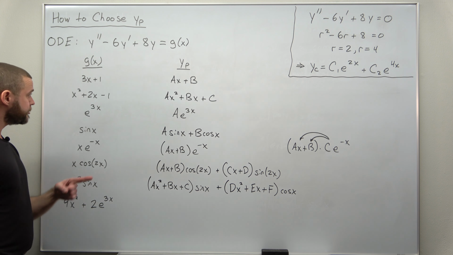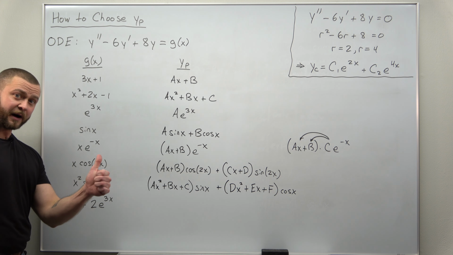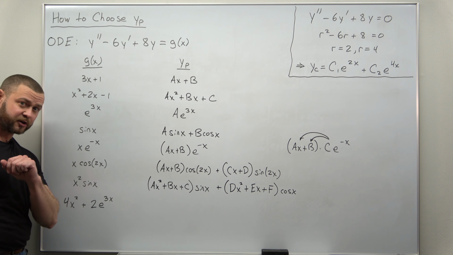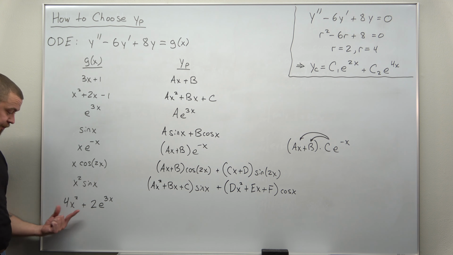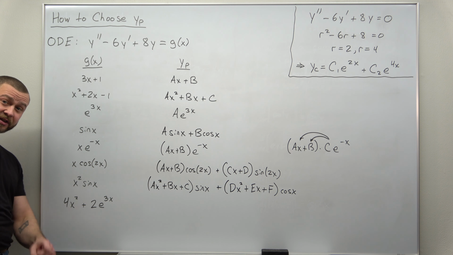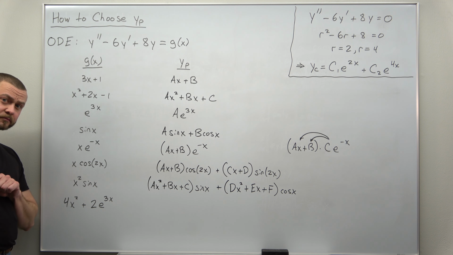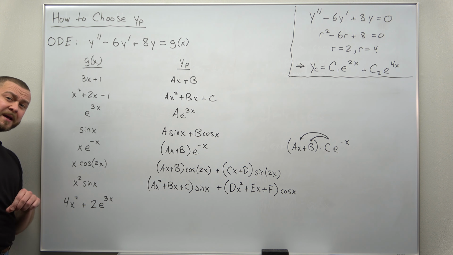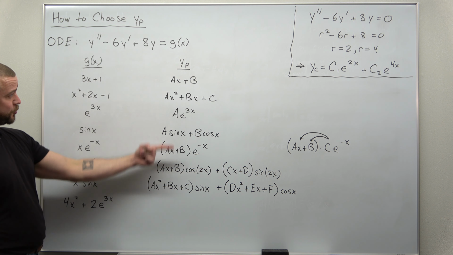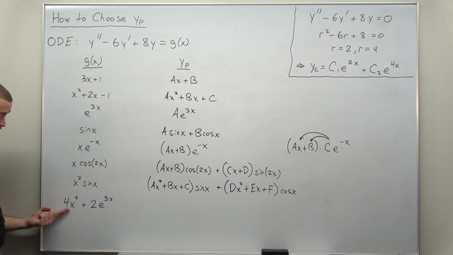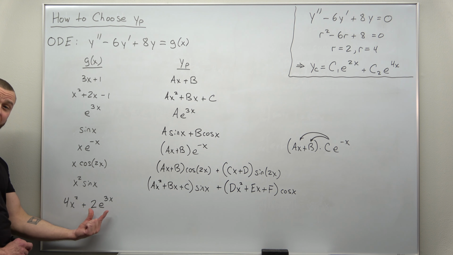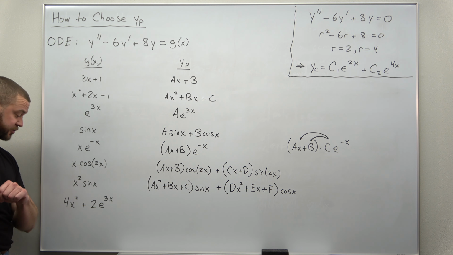All right, now those are your simple combinations of polynomials, exponentials, sines and cosines. But what if we start adding combinations of those together? Like this last example, notice we have a degree 2 polynomial plus an exponential. Well, we can basically add our regular choices for the form of the particular solution of each part. So here we might try a general degree 2 polynomial and then plus a general exponential function.